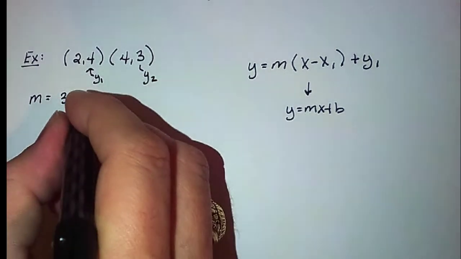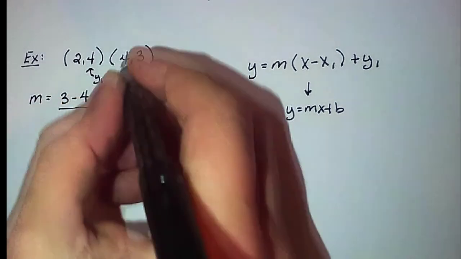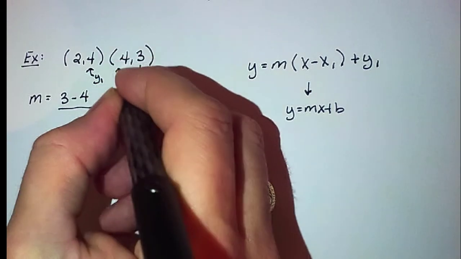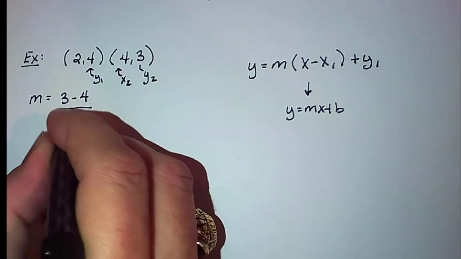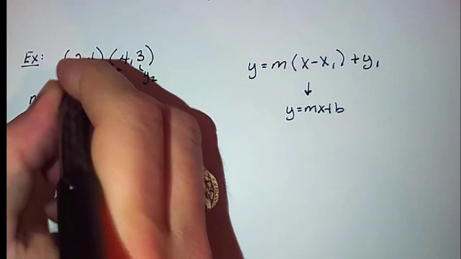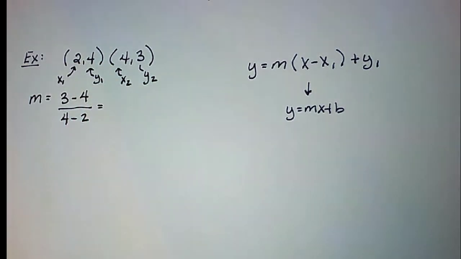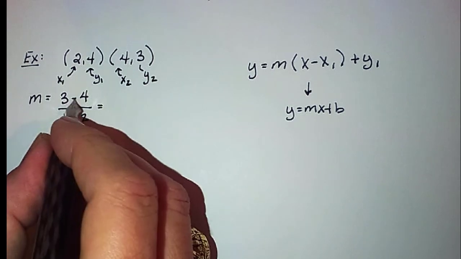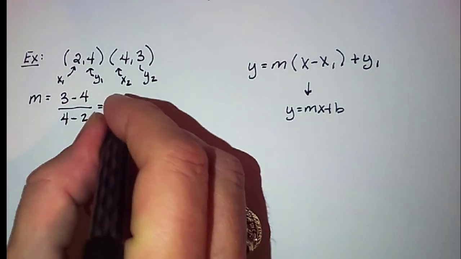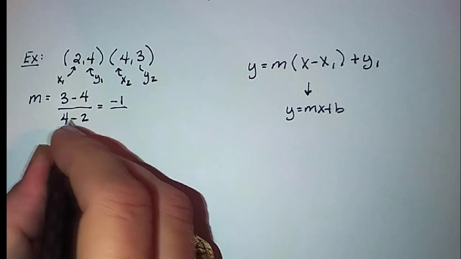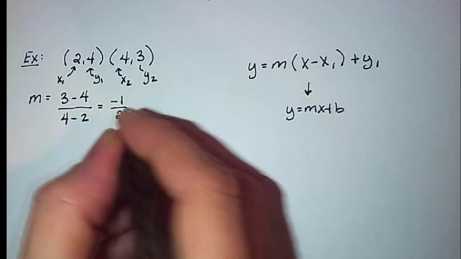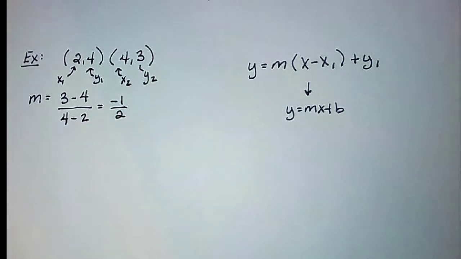So 3 minus 4 over my x2. This is my x2. 4 minus my x1. So 4 minus 2. So, combining these, this is 3 minus 4. That's going to give me negative 1. And this is 4 minus 2, which is going to give me 2. So I know that my slope is negative 1/2.